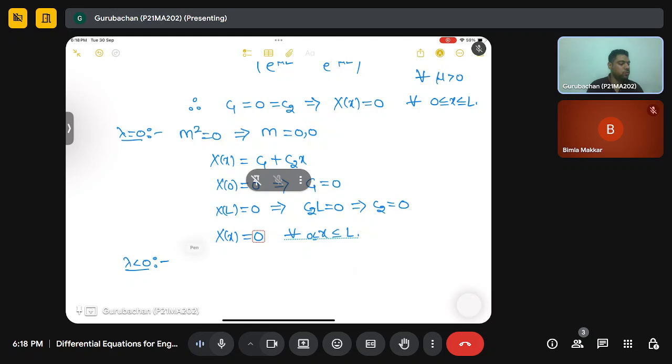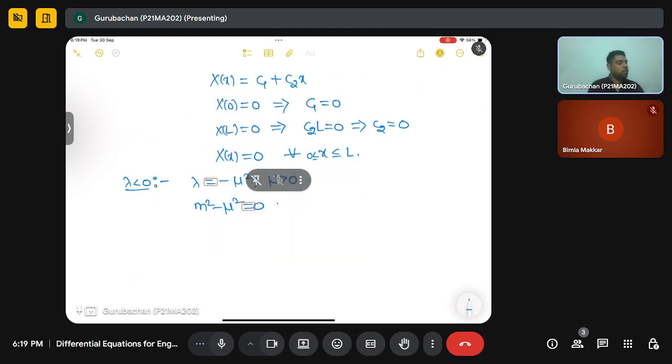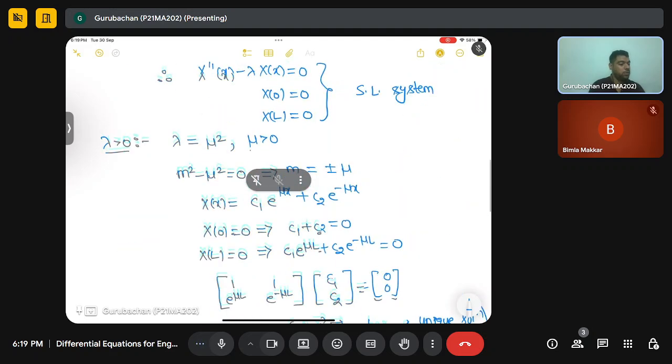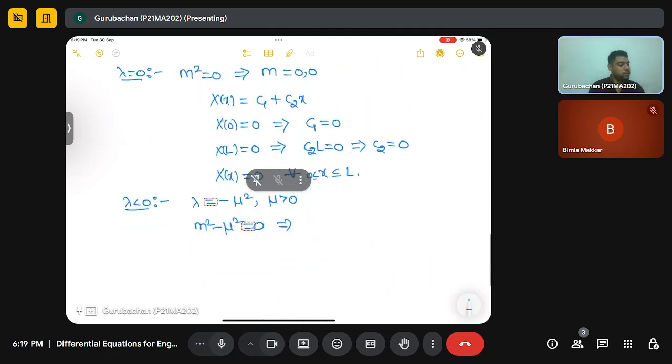So we assume lambda to be minus mu square. Again, mu is some positive quantity, and from here m square plus mu square equal to 0. In fact it will be plus. This will give us m equal to plus minus i mu.